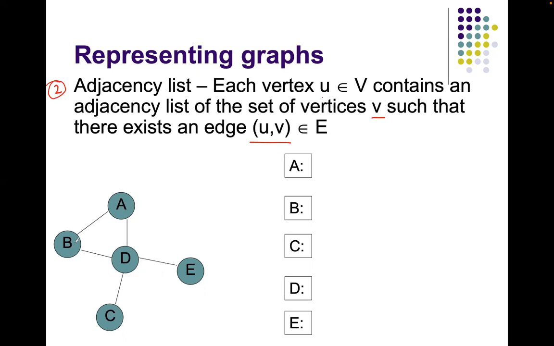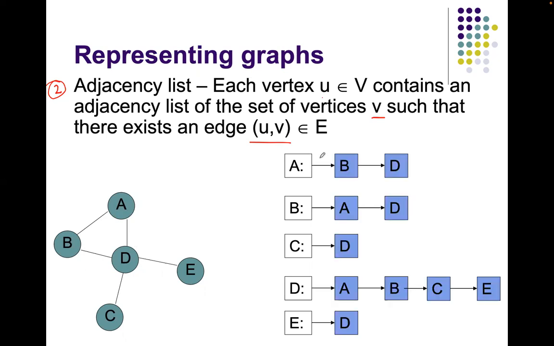Now A is connected with B and D, so A will have a list like this: B and D. Here it doesn't say that B is connected with D. Although there is a connection between B and D, it doesn't represent that. This is just a list of the vertices that A is connected with.